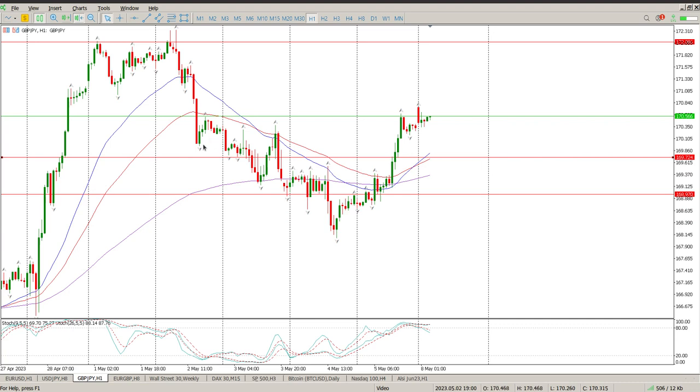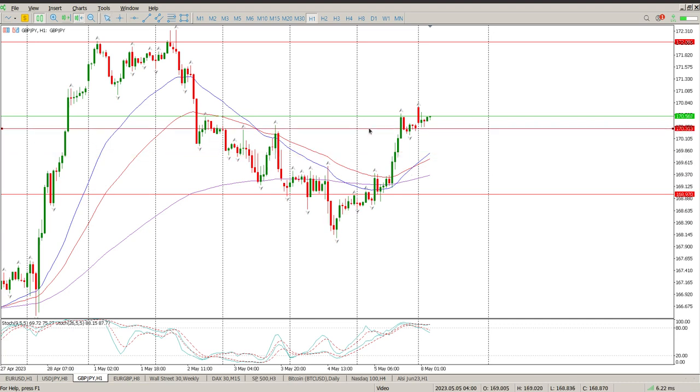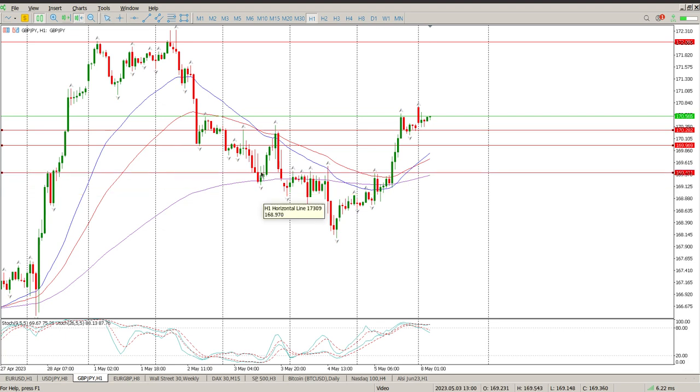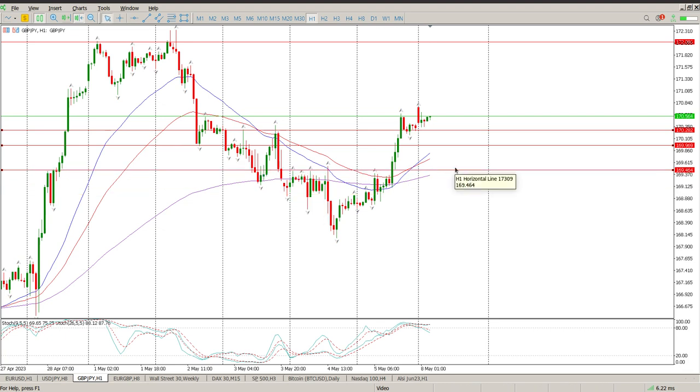So any one of these tails here could offer some support. So there is a bit there, and there is a bit there. And then obviously lower down, let's just use this one, that one there, which is quite strong. But that would erode the whole daily bar. So for me, we're looking for a pullback onto 169.969.